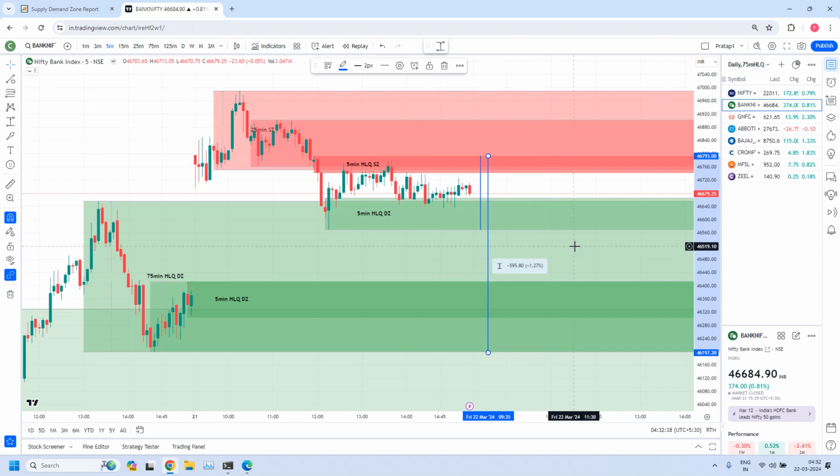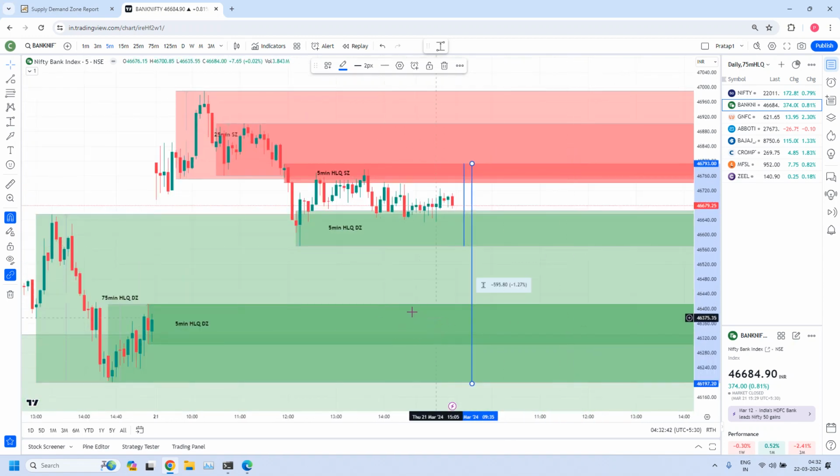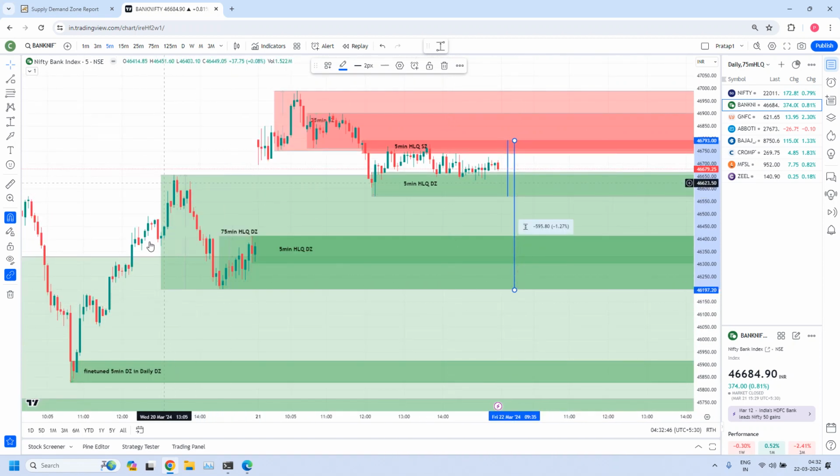This is the new range you will get. Of course, this 5 minutes demand zone will hold, but I have drawn up to this 75 minute zone newly created today. Probably you will get around 595, that means close to 600 points range will be enabled.